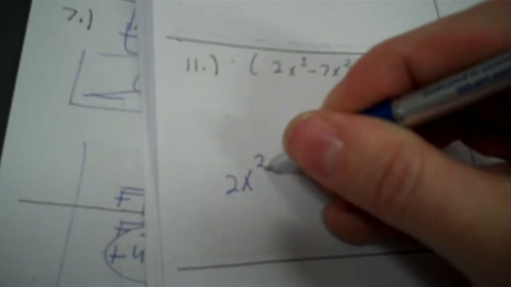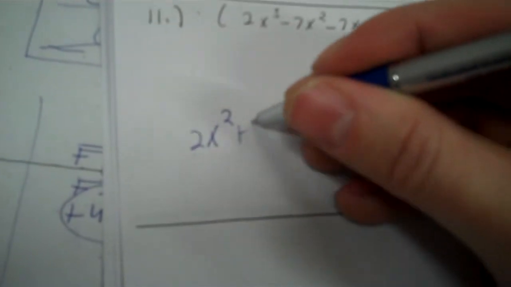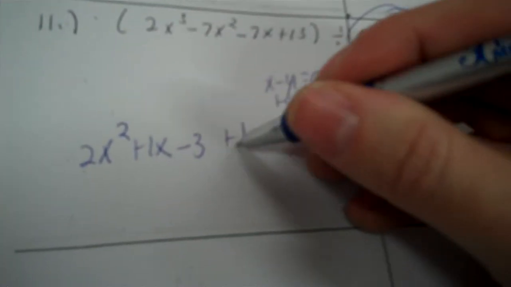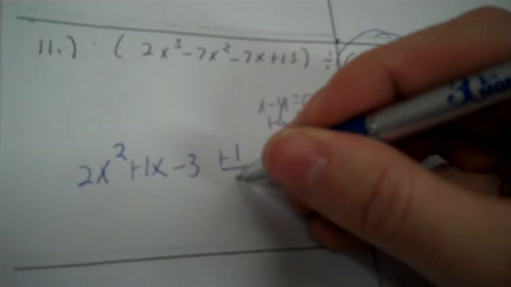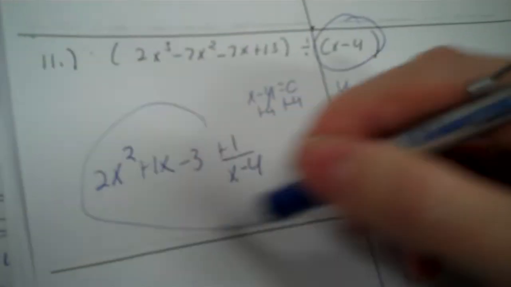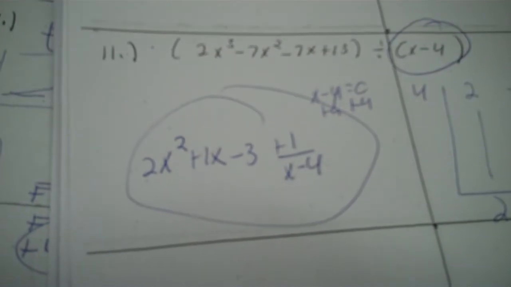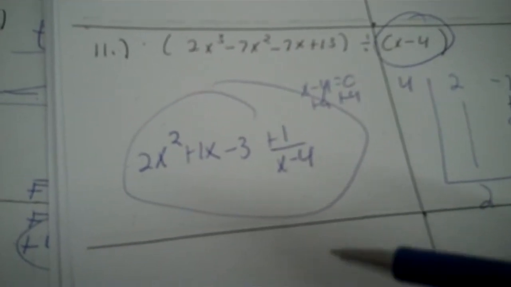So that 2 that used to be x cubed is now 2x squared plus 1x minus 3, and then I put plus 1 over the expression x minus 4. Okay, and that's how that's rewritten. Now, you wouldn't be able to solve an equation like that, find roots, but that's the quotient of it.